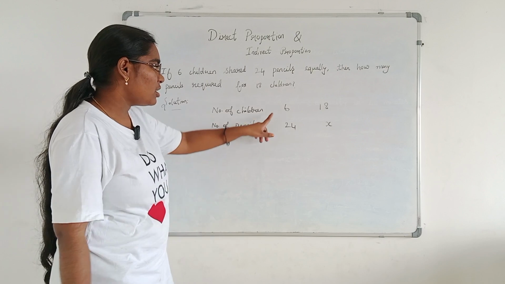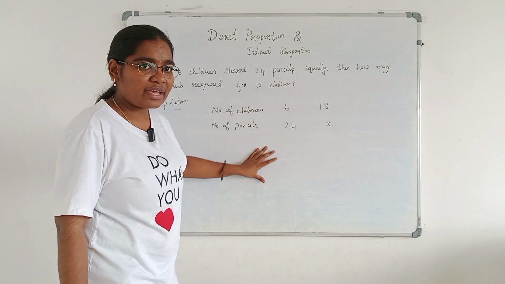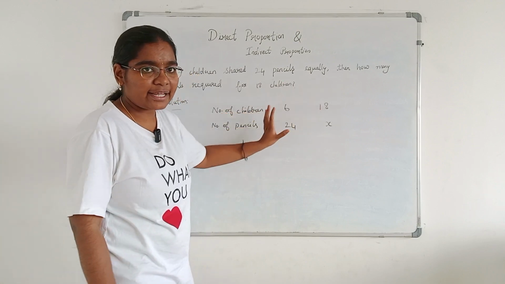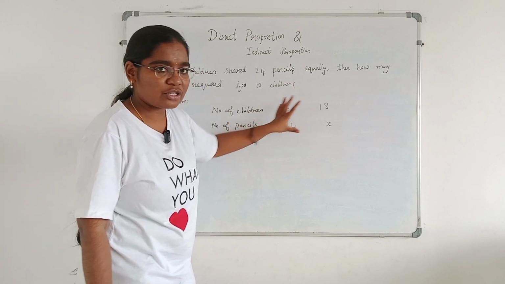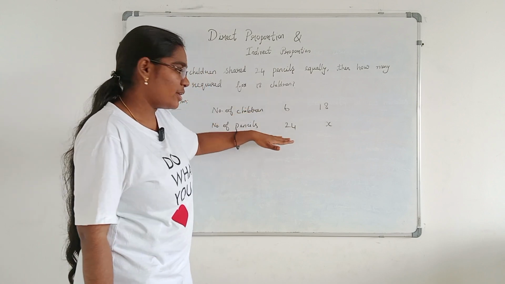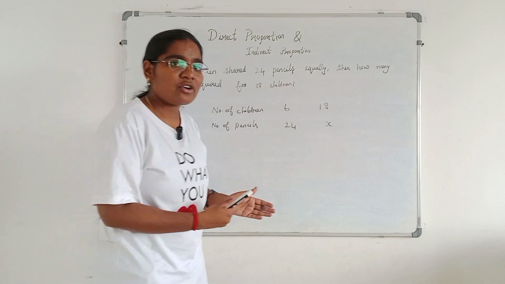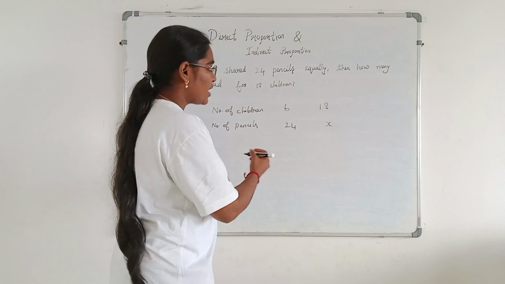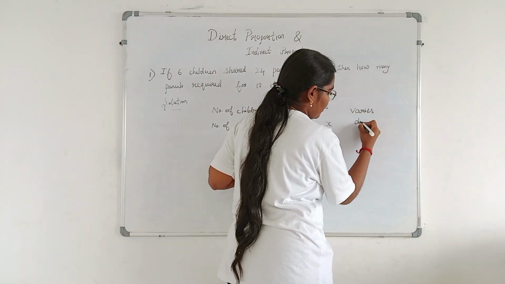First, we should write the data, and second, we have to find whether these things vary directly or vary indirectly. That means whether these are in direct proportion or indirect proportion. For 6 children, 24 pencils, so for sure for 18 children there will be an increased number of pencils. So it varies directly.